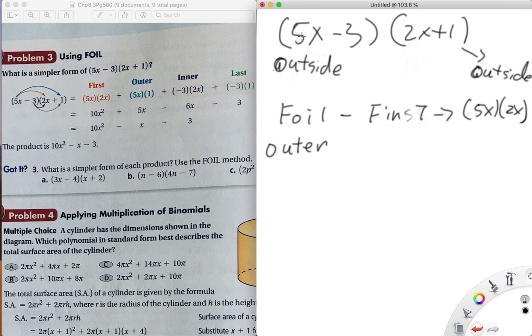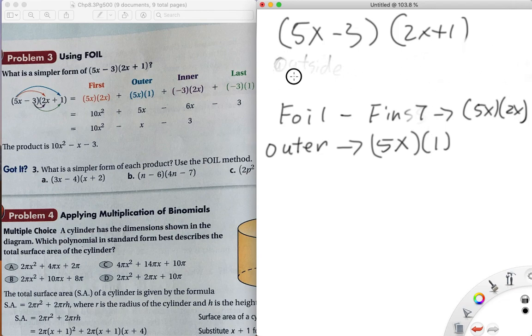So then I can multiply the outside terms. So 5x times 1. That's the outer terms or the outside terms.